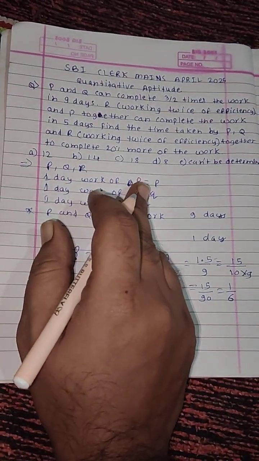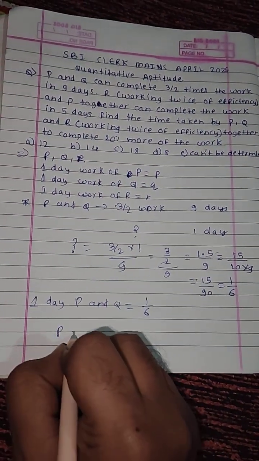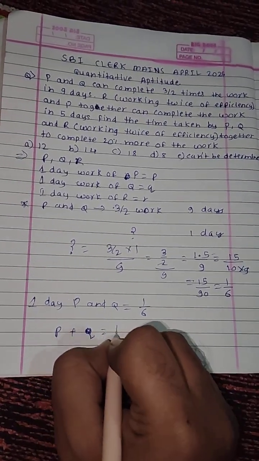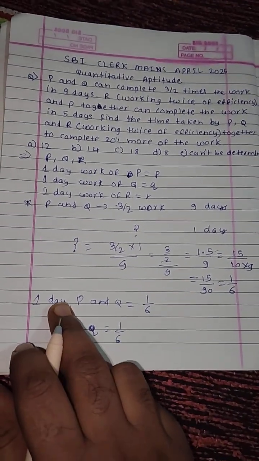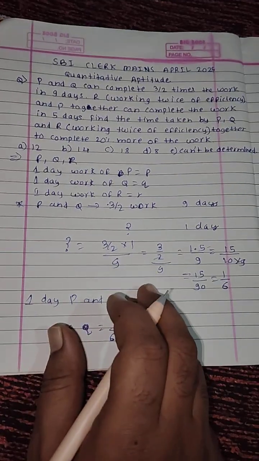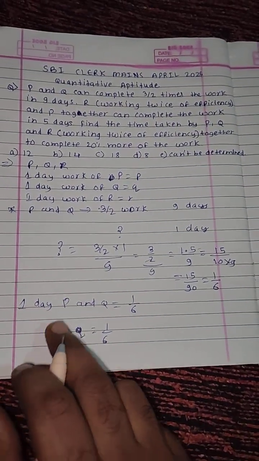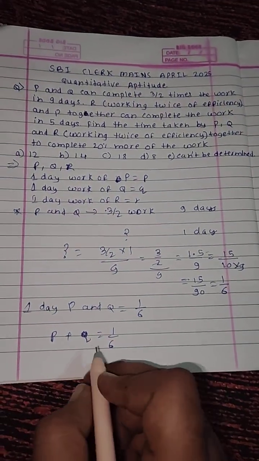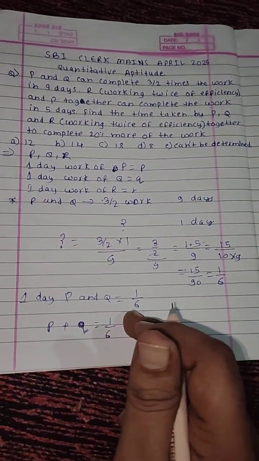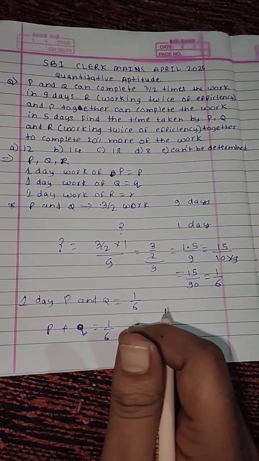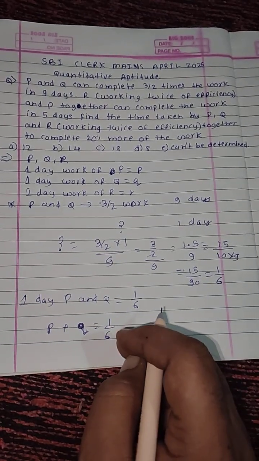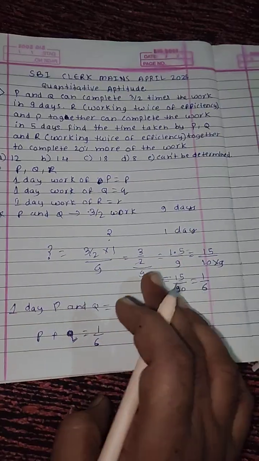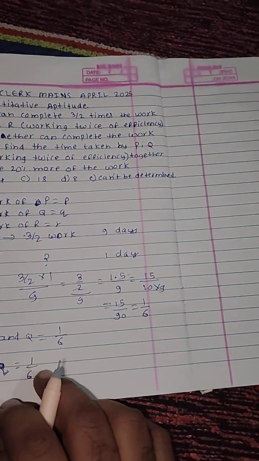We denoted the 1 day work of P as small p and the 1 day work of Q as small q, so p plus q is 1 by 6. So P and Q do 1 by 6 of the work in 1 day.